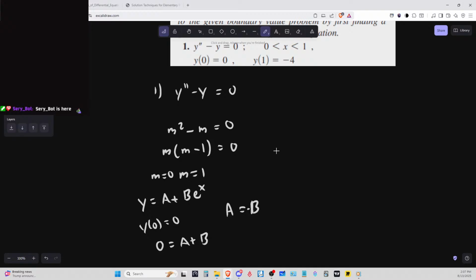And we also have that y(1) is equal to negative 4. So we have 4 and a. Actually, let's make b equal negative a, because I think that would make it less cumbersome to deal with.